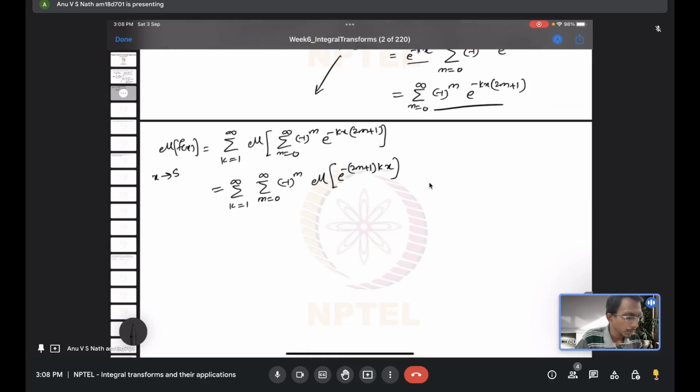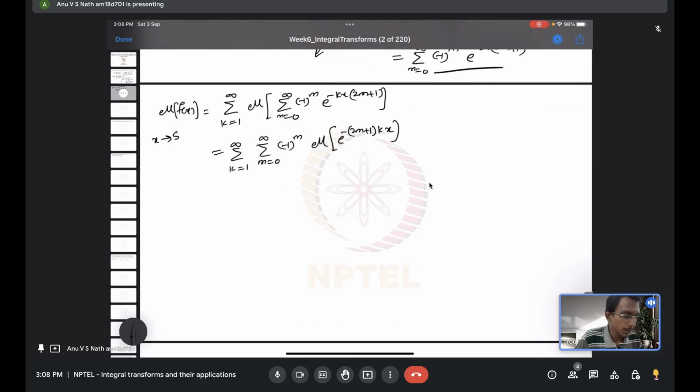Okay. Now, from the tables of Mellin transform, we know that the Mellin transform of exponential of minus x is just the gamma function, right? It's gamma of s.